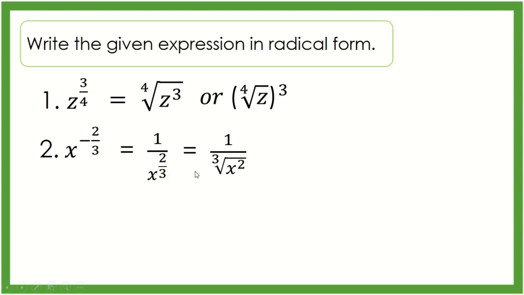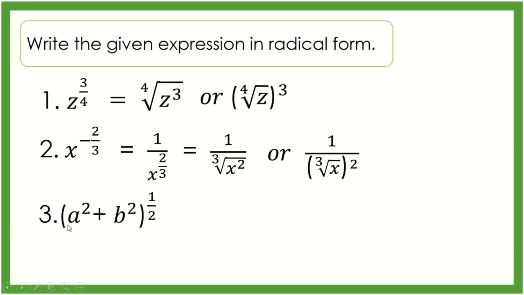So, this is equal to 1 over... yung 3, denominator, magiging index. And then, yung numerator na 2, siya yung magiging exponent ng ating base. Or, this is equal to 1 over the quantity of cube root of x squared.